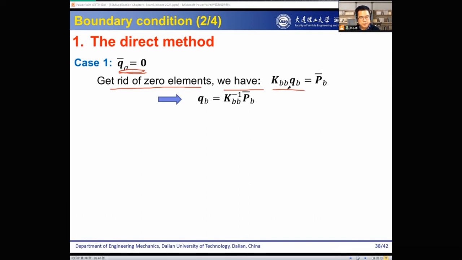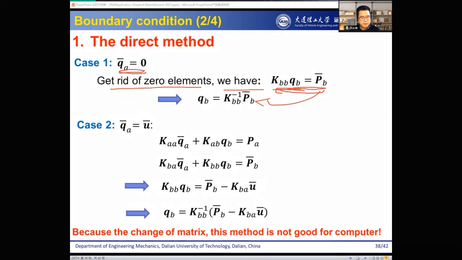Then we have a reduced form of the equation. So this is what we used in the previous lectures when we solved the stiffness matrix for the bar element and for the beam element. So we get rid of the 0 elements, and then we do the inverse. Then we have the solution.